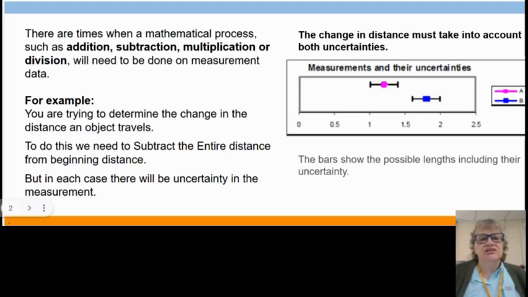But in each case there will be uncertainty in the measurement, right? So the change in distance must take into account both uncertainties. You have this uncertainty and you have this uncertainty. Your resultant needs to take into consideration both of these.